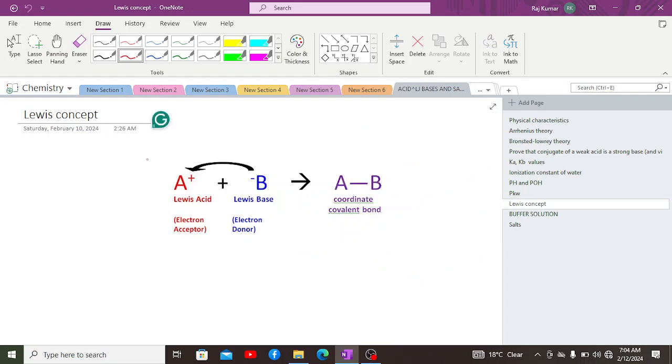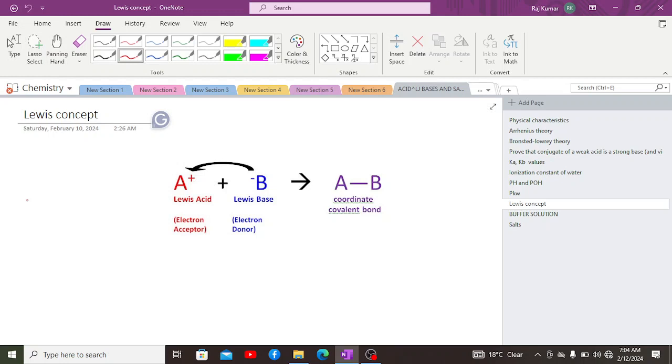After that, there's another concept known as the Lewis concept, in which Lewis was a scientist who described the concept of acids and bases, such that those substances which are capable of donating an electron pair, or which have a lone pair and are capable of donating it, are known as Lewis bases, and those substances which are capable of accepting the electron pair or are lacking the electron pair are known as Lewis acids. Now, the formation of a coordinate covalent bond occurs in the Lewis concept.